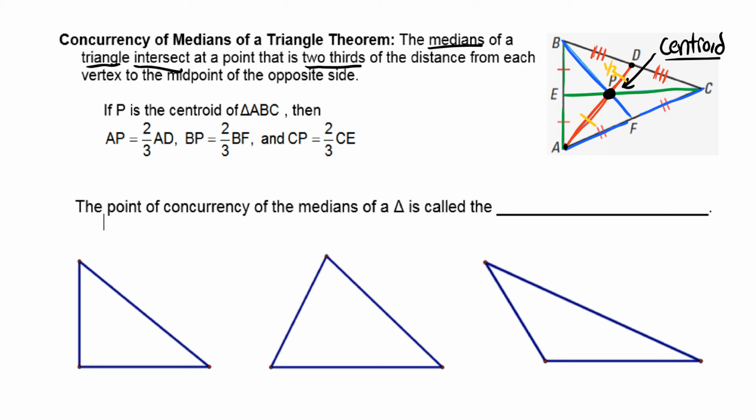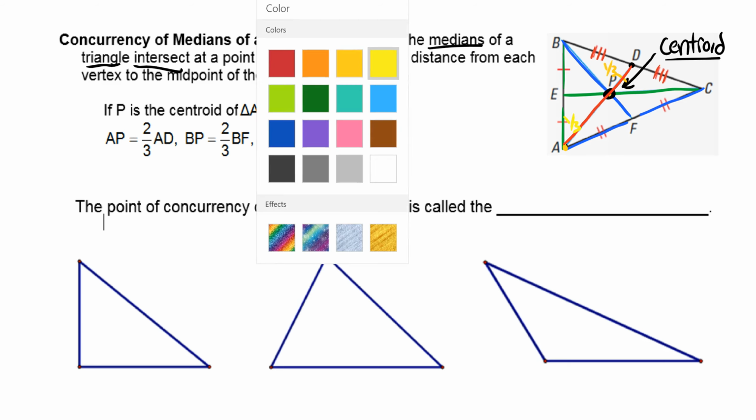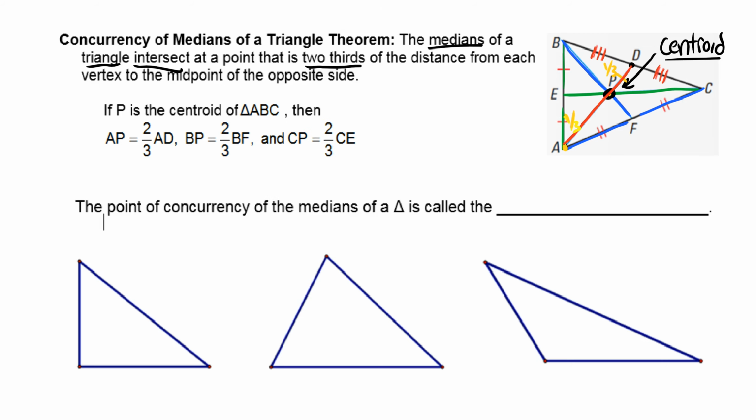And then the upper part from the vertex to the centroid is broken into two parts, each 1/3 on its own. So we have 1/3 here, 1/3 here, and 1/3 here. So this line is really broken into three parts, or 3/3 of a line.